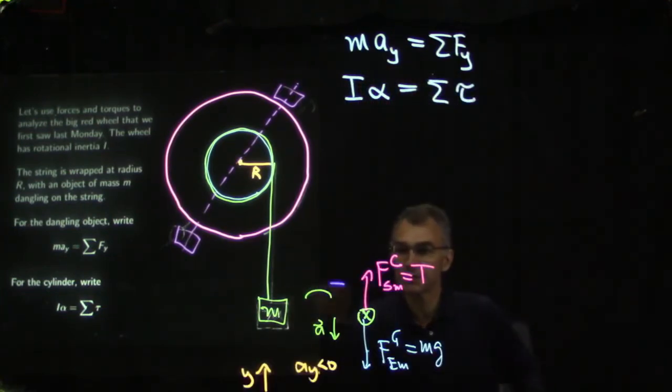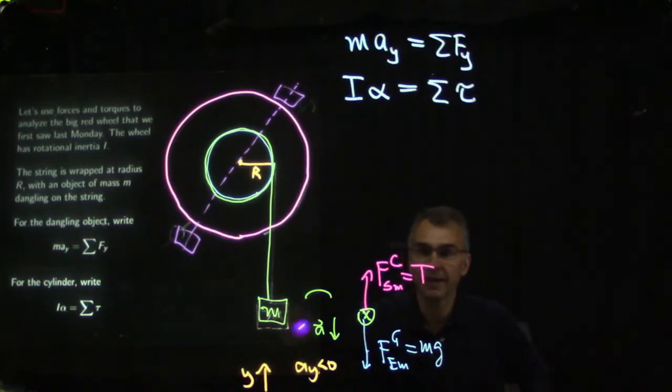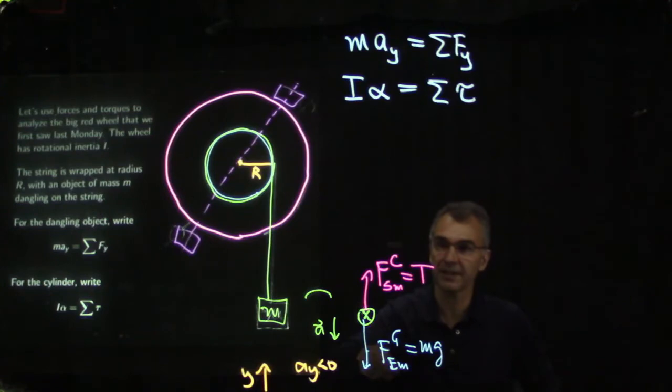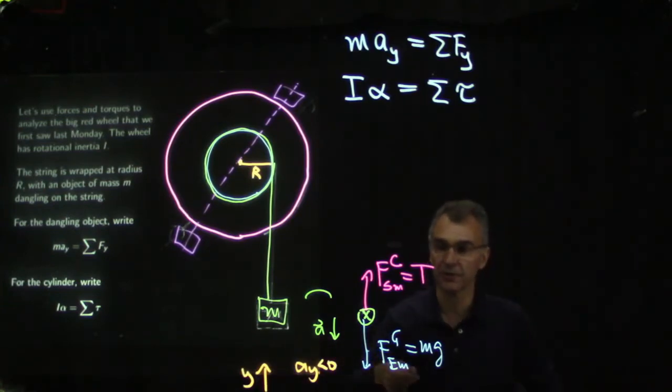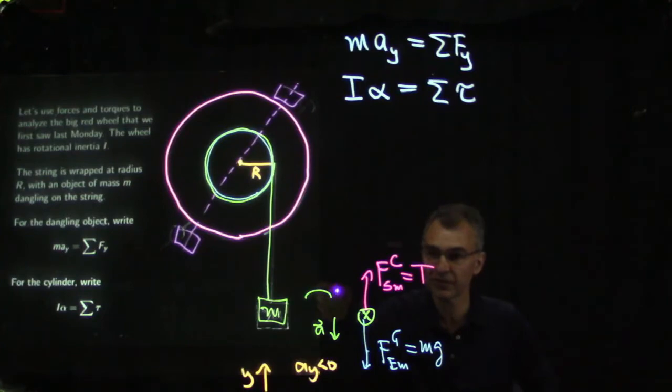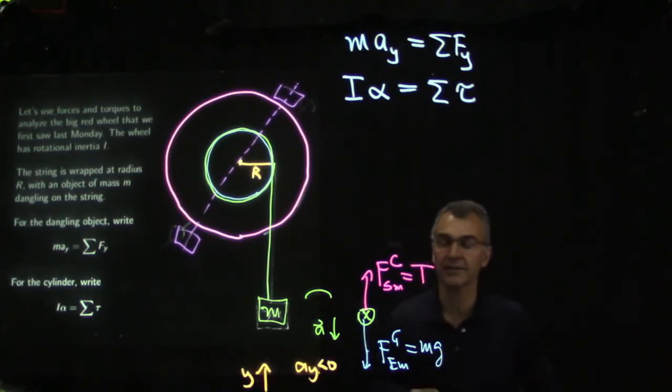So let's draw a free body diagram for this dangling mass, little m. So here it is, a conventional free body diagram. Let's let the y-axis point upward. So I think we're going to have a downward acceleration, so a sub y we expect to be smaller than 0. We expect a negative a sub y because the acceleration should be downward, and we're going to let the y-axis point upward.